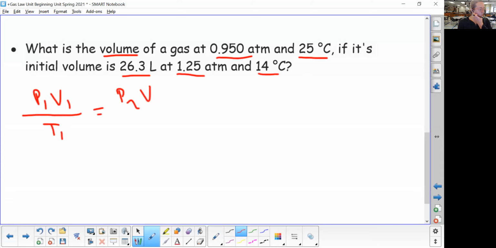I am solving for final volume, so that's going to be V2. To isolate V2, I'm going to multiply both sides by T2 and divide by pressure 2, doing that on both sides of the equation.